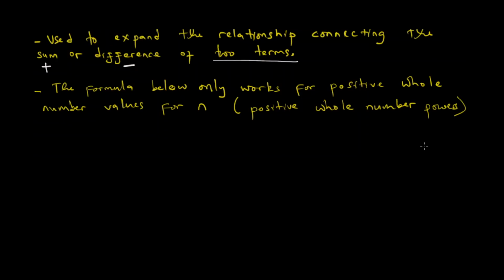Saka ndichainyora ndichishandisa two variants. The first variant if you are using a calculator. The second variant inoshanda if you are writing it on paper. Saka panapa ndinogona kuti with a calculator, tinoti if it's (a plus b) to the power n.